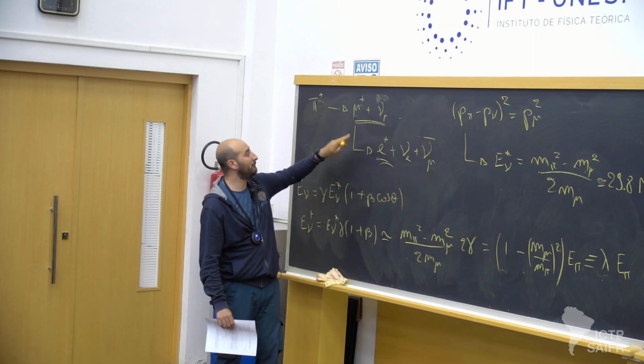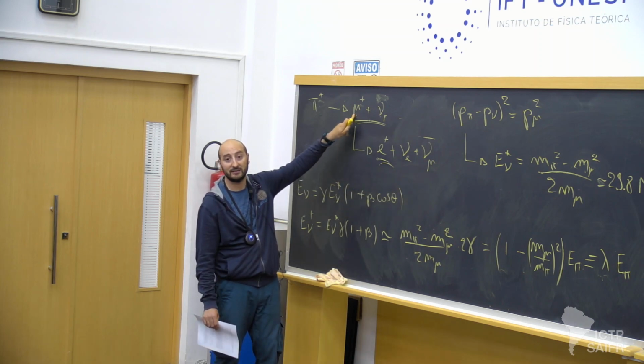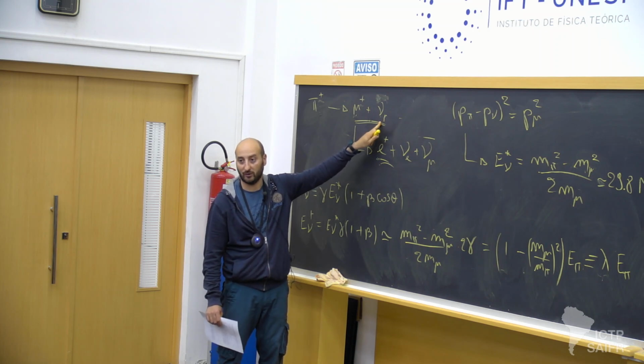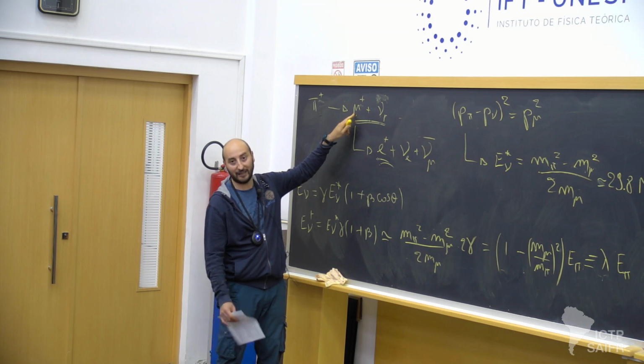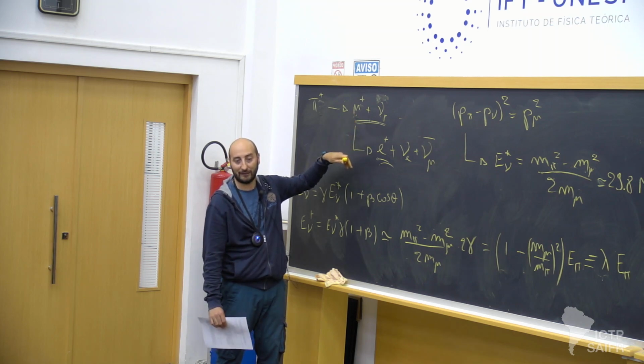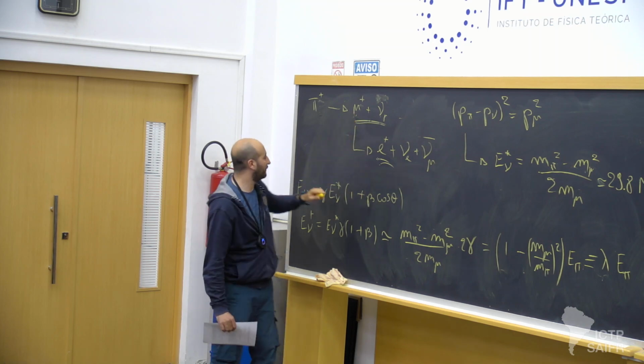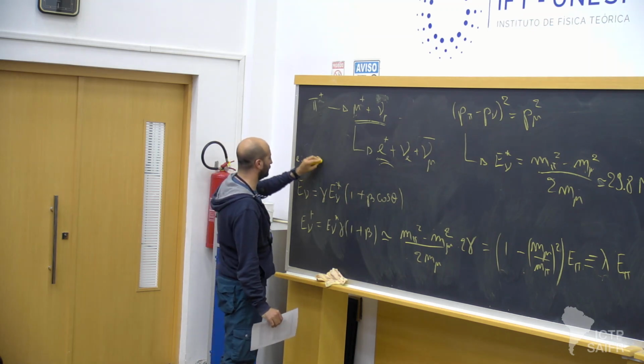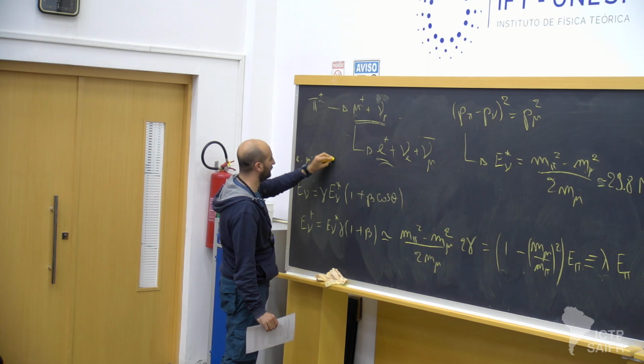Okay? If for some reason this cools down very fast, the only type of neutrinos that you produce are muon neutrinos or antineutrinos. Okay? If instead this is decaying basically unaffected, you have a ratio of electron, muon, and tau neutrino, which is 1 to 2 to 0. Okay?